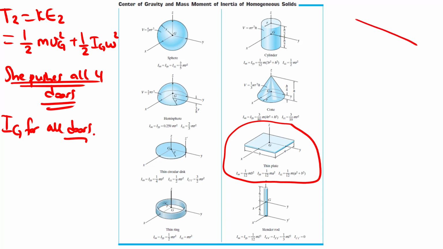So this is the door. And this door has an axle at point A, B axle.